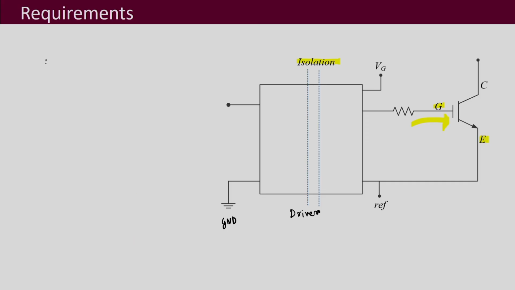So, the first requirement is that it should meet the voltage and current requirements of the gate emitter or source region.